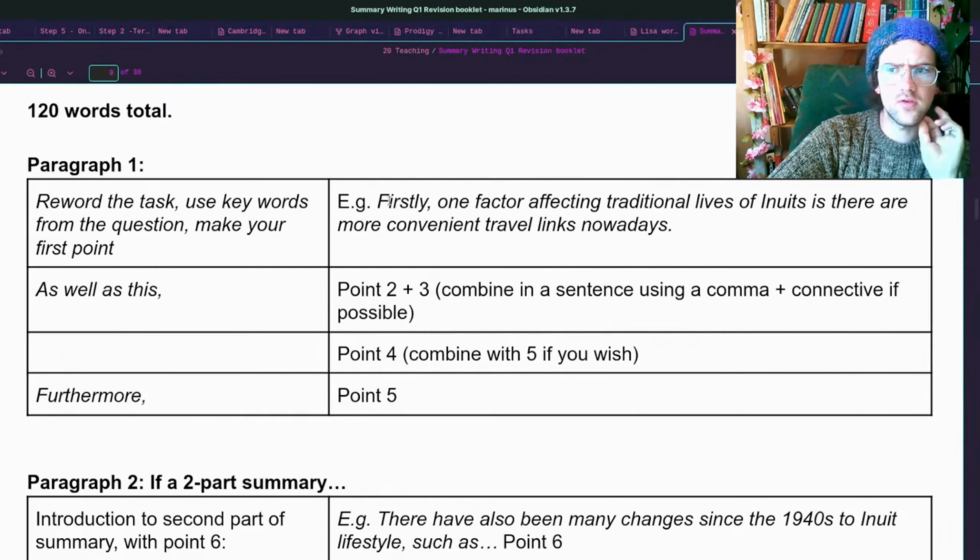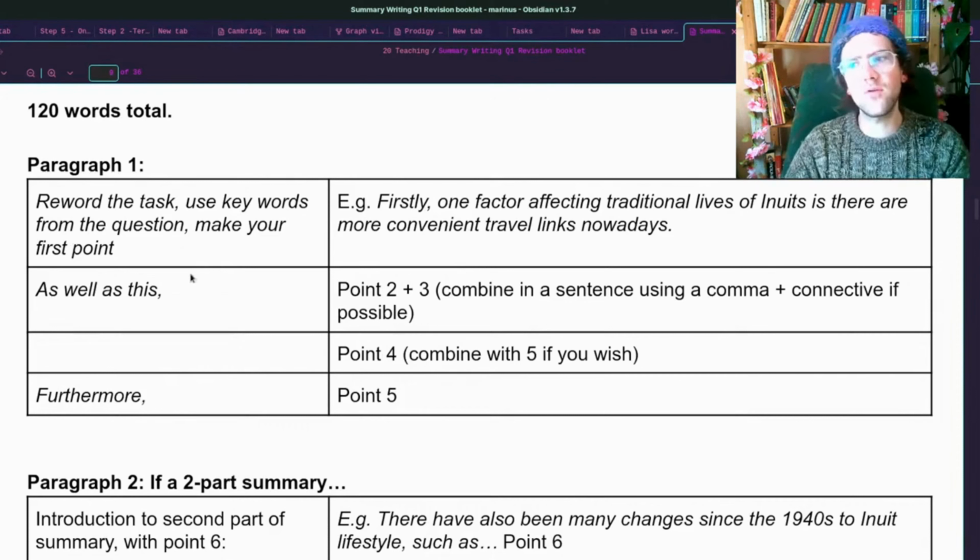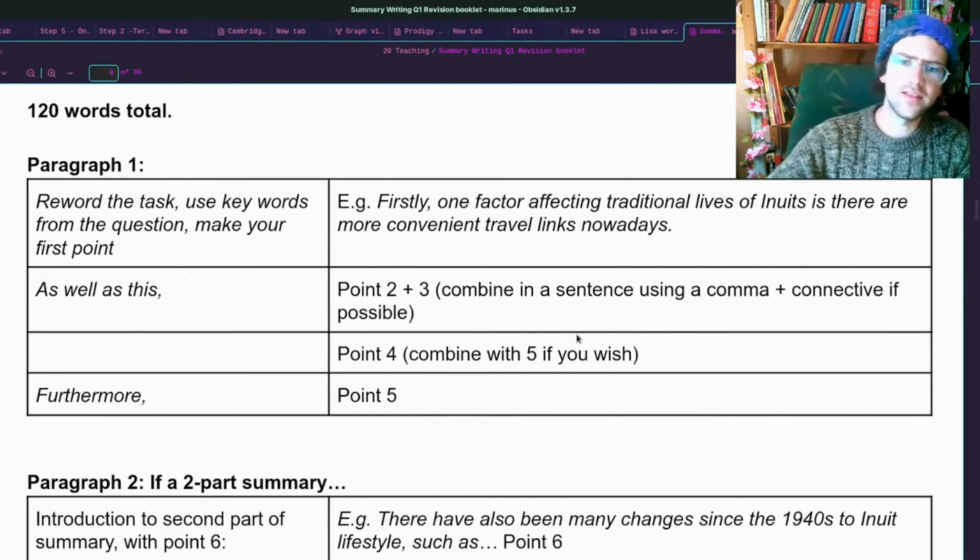You're going to use the keywords from the question to make your first point. So you're making a point, and everything you're getting from the text is basically proving your point. Your first point is going to be in the text, then points 2, 3, 4, and 5 are all going to be in the text.